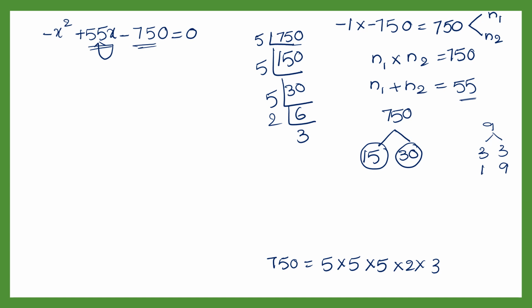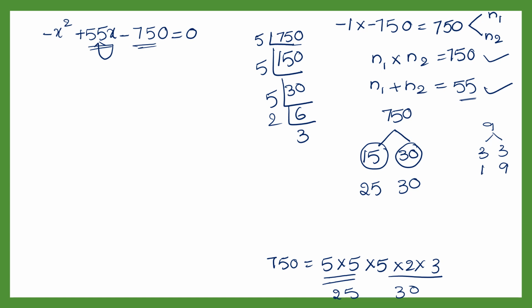Okay, now let's see. 5 fives are 25. 5 twos are 10, 10 threes are 30. 30 into 25 is also 750. Now let's take the two numbers as 25 and 30. 25 into 30 is 750, so the product is satisfied. Now take the sum. 25 plus 30 is 55, so the sum is also satisfied.